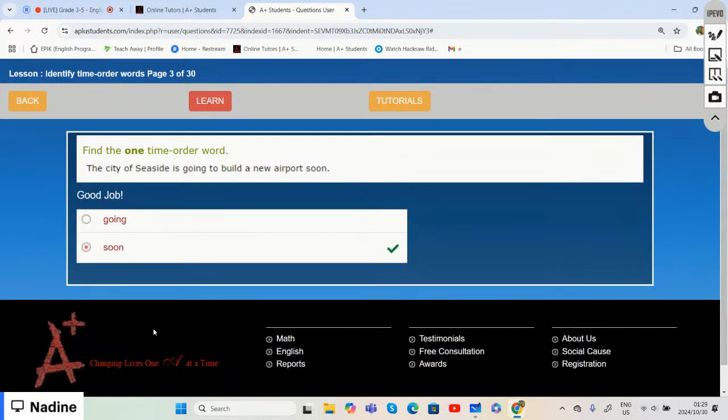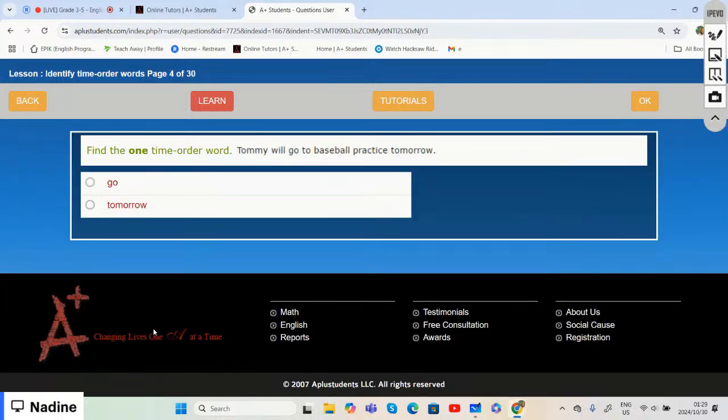Well done. The next one says, find one time order word. Tommy will go to baseball practice tomorrow. We need to identify the time order words. Is it go, option one, or tomorrow, option two? Which one is correct?